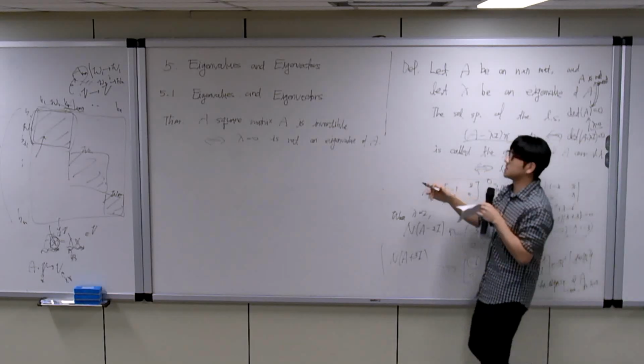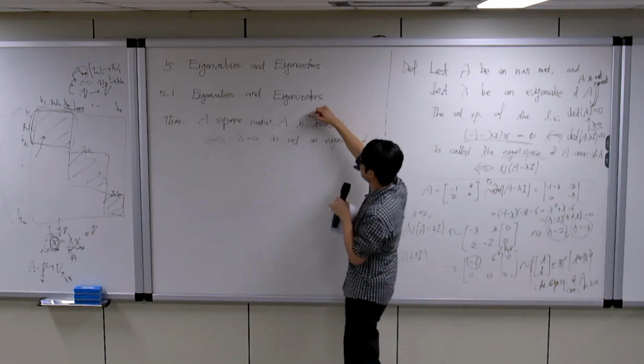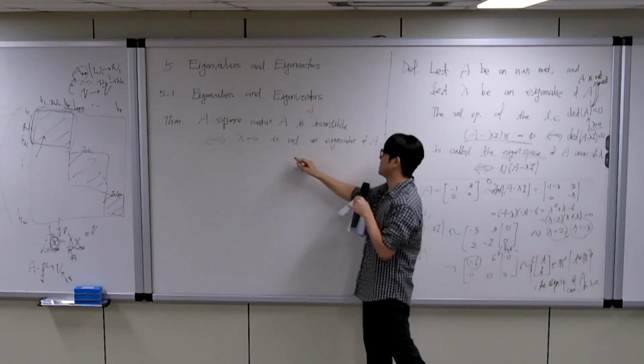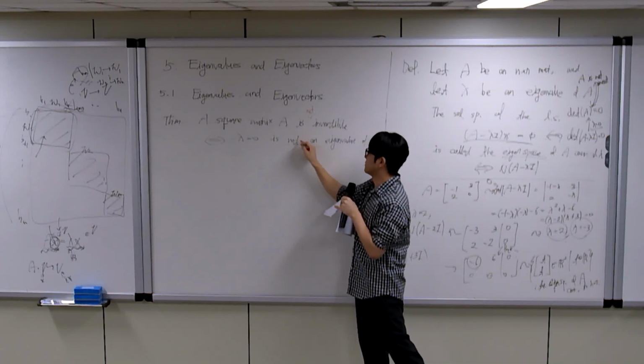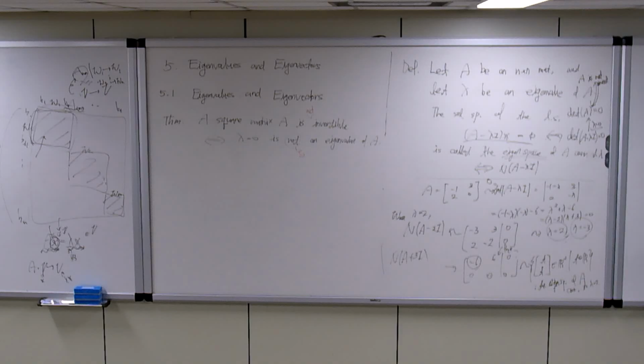If A is not invertible, then lambda equal to 0 should be at least one eigenvalue.